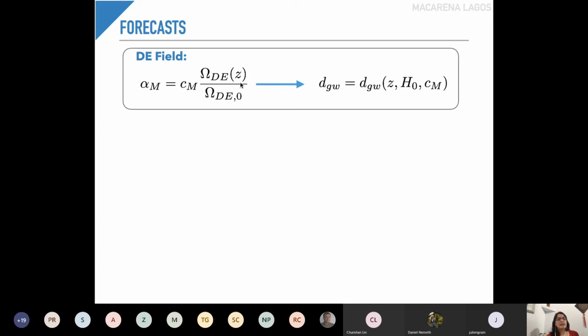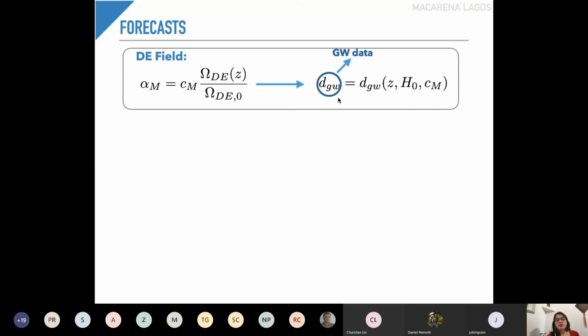So the point is that now under this assumption, this parameterization, the gravitational wave distance generically for low redshift sources will depend on the redshift and on H0. These are because of just the Hubble law. And then we'll have this additional dependence on Cm because it has this extra ratio of masses.